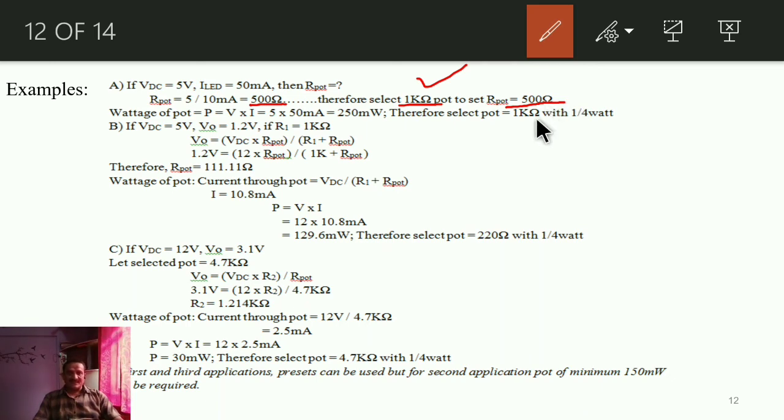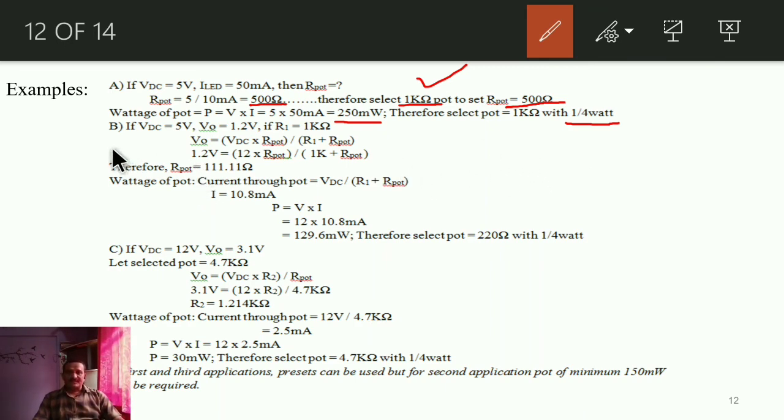Why? Because when we determine the power handling capacity, the wattage of that potentiometer, it comes only as 250 milliwatt, that is P equals VI, and rheostats are rated in watts, as they are very huge in size. So no need to go for a rheostat. Only select a potentiometer with a power handling capacity of quarter watt, so that the size is reduced as well as its cost.